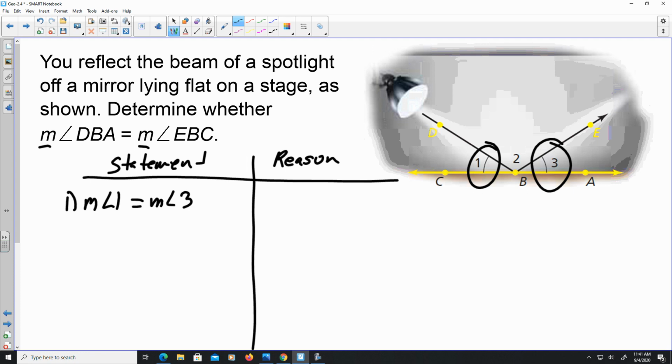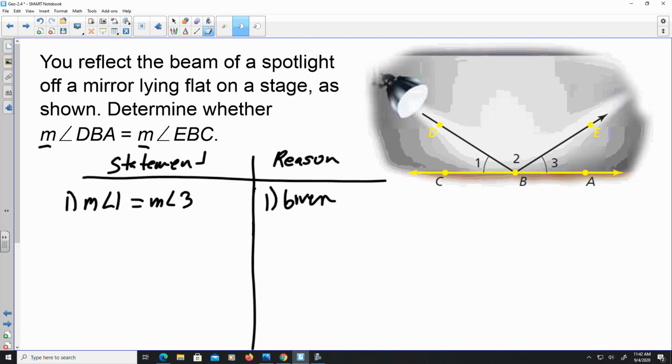That is given. Basically what we're trying to figure out is whether DBA, which is right here, is equal to EBC, which is right here.